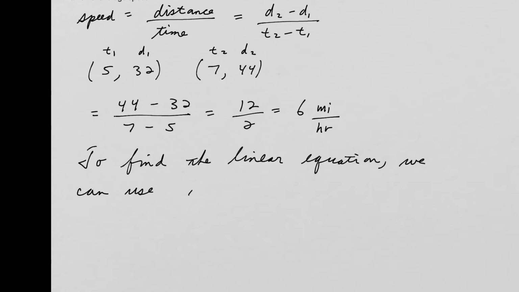this formula. y minus y1 is equal to m times x minus x1. Okay, this is called the point slope formula of a line.